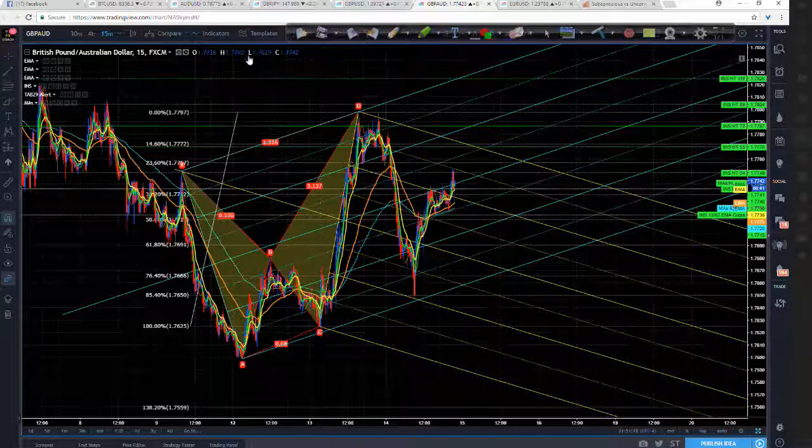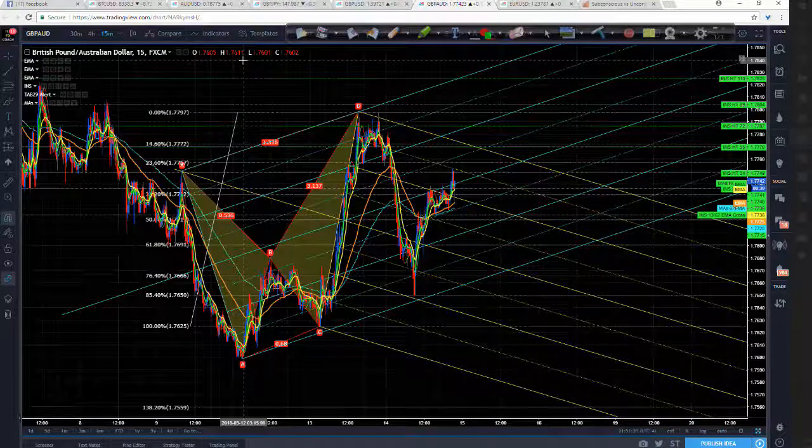So here's that one on the pound Aussie. I don't do a lot of stuff on the CAD because it's so wicky most of the time. You don't want to trade with wicks.